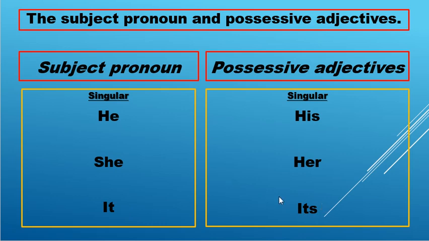So don't forget, the subject pronoun here is singular, and the possessive adjective is for a singular subject. Don't forget, singular, not plural. When we say singular, that is only one, not two, not three, but only one, from the word single.